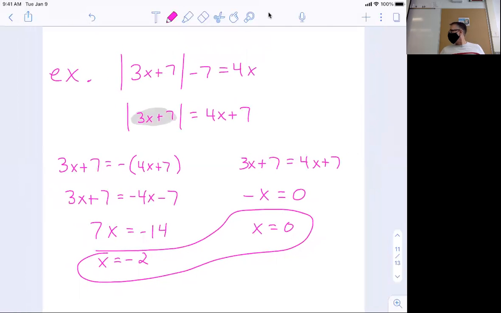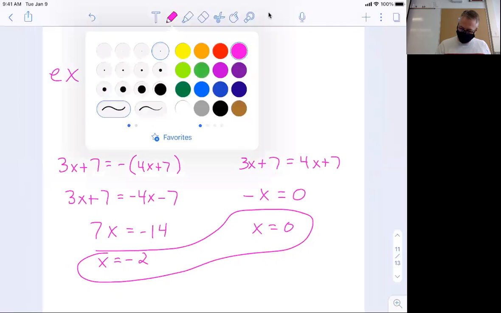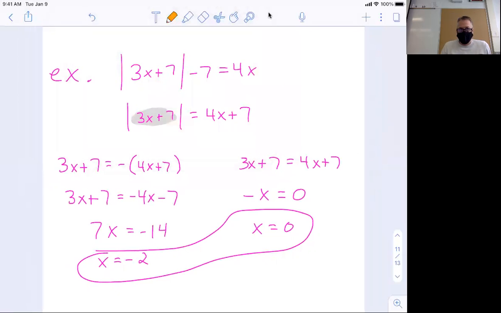So I can see you guys are working away. I got -2 and 0 for my two possible solutions. I say possible solutions because we should check them.